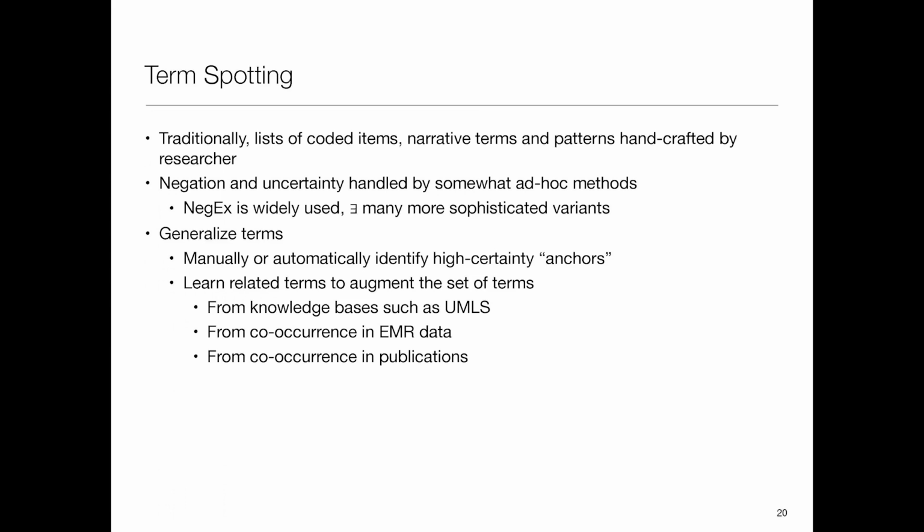And they would give you a long list. And then you do grep. You'd search through the notes for those terms. Okay? And if you want it to be really sophisticated, you would use an algorithm like negex, which is a negation expression detector that helps get rid of things that are not true.